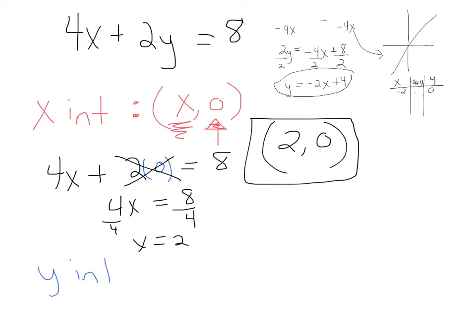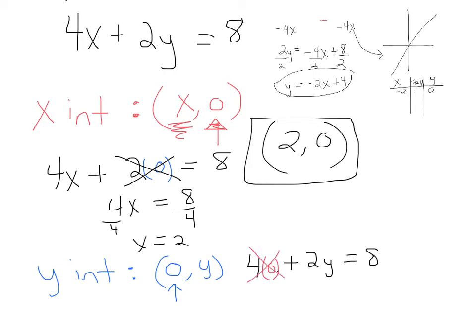What about the y-intercept? Well, for all y-intercepts, they take the form (0, y) for some value of y. So that means that the x value must be 0 at a y-intercept. Let's take our original equation and instead of x, we'll put in 0.